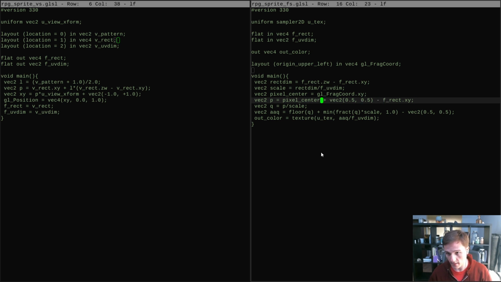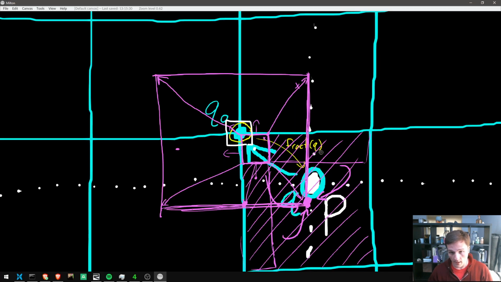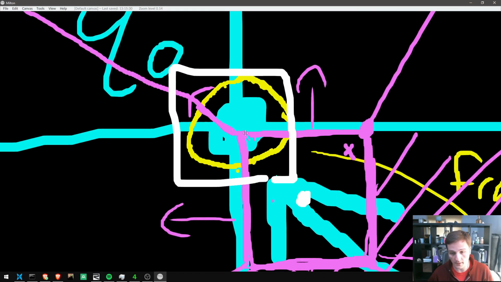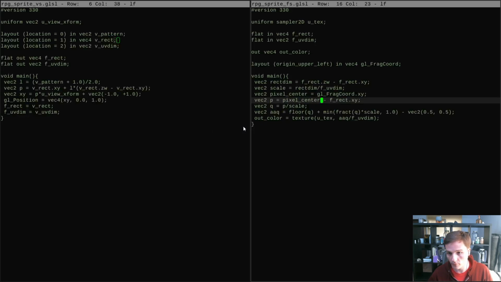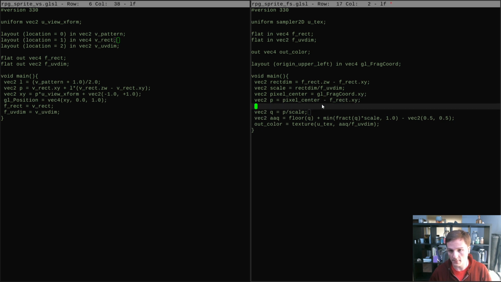So instead of offsetting here, we'll just take the pixel center, and then let's see, I'm going to expand things out even more. Q naught is going to be the floor of Q, like I have here.